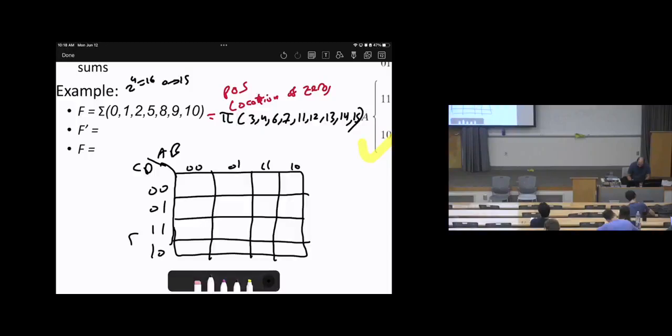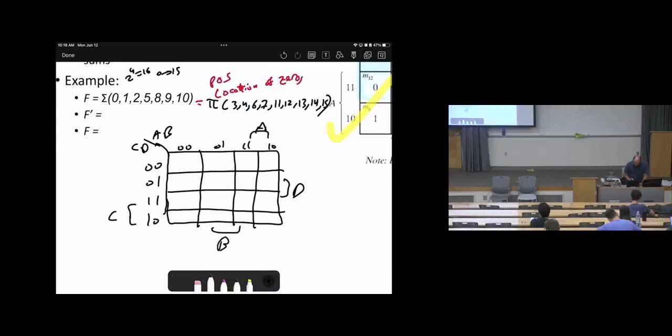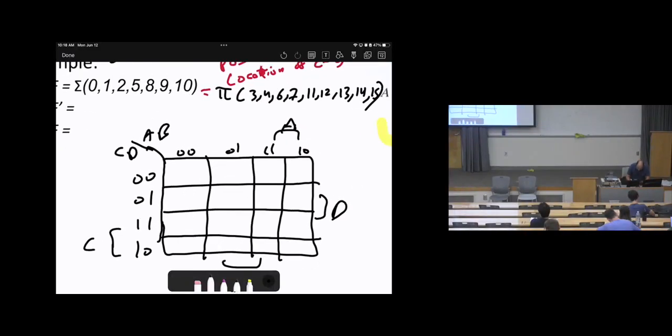This is the area of C. This is for D. This is the area of A. This is the area of B. Then put in the corners the numbers of the min terms, the location of min terms. This is 0, 1, 2, 3, 4, 5, 6, 7, 8, 9, 10, 11, 12, 13, 14, 15.